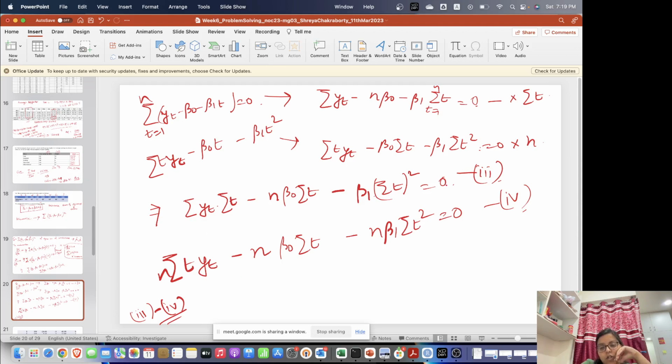If I take this to the right hand side, or I'll just do a plain and simple minus, then summation y_t summation t, this one and this one are going to cancel, minus beta 1 summation t whole square minus n summation t y_t plus n beta 1 summation t square equal to 0.